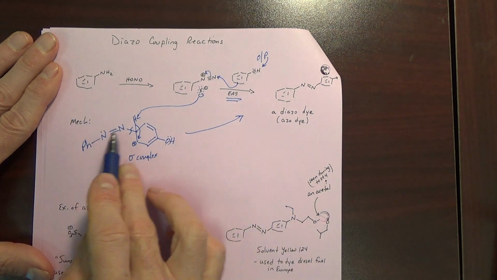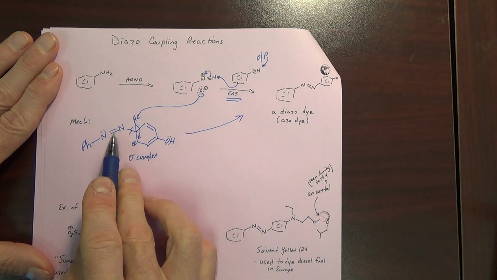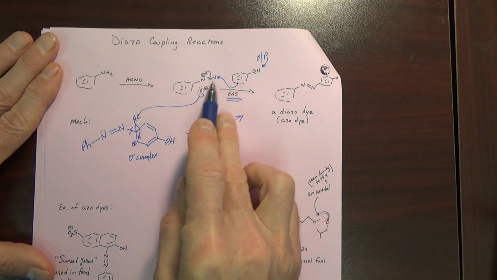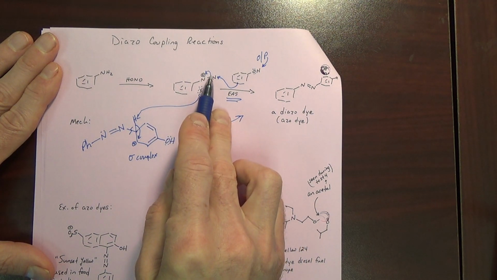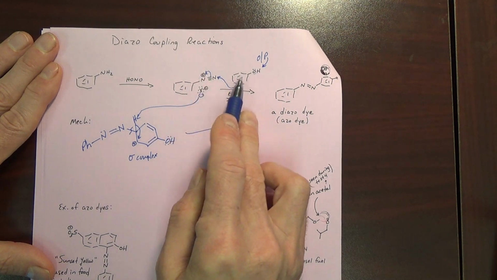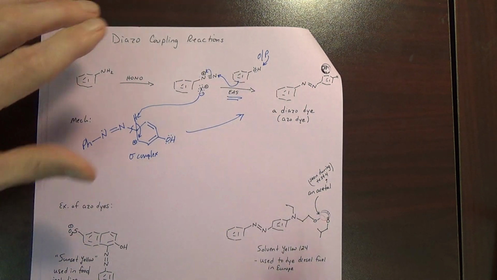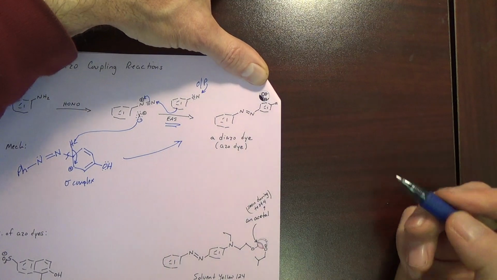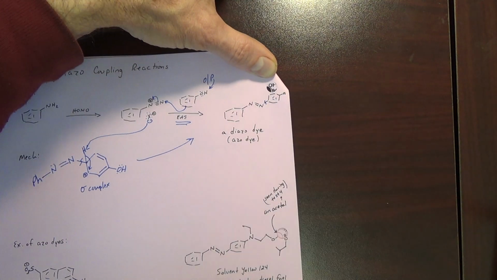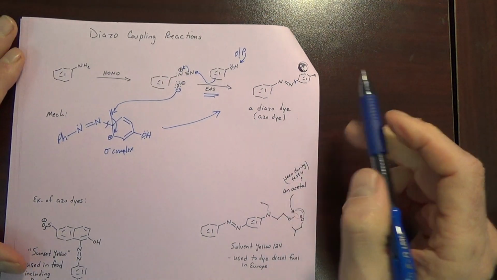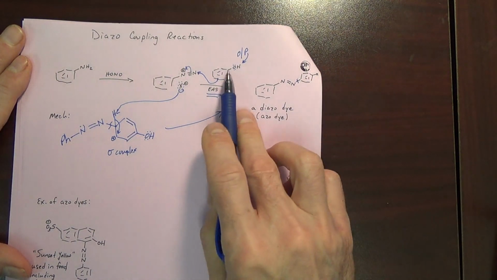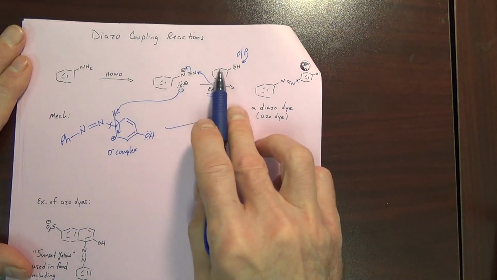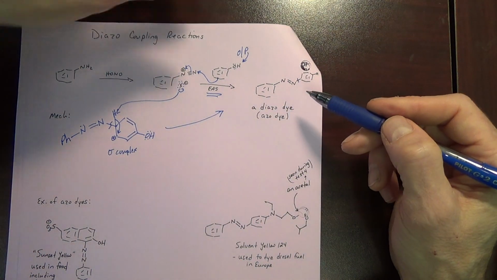Instead of attacking an acylium ion, we attack the diazonium. We do have to move these electrons this way as these come in. And we got this product here, a diazo coupling reaction it's called. It's because it's two larger molecules coupling together.